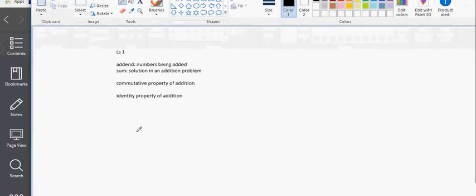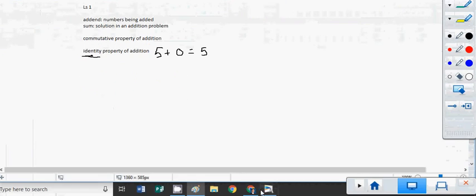So you could write in your notes, instead of all those words, just 5 plus 0, being the big numeral, or the big whole number there, equals the same number. Okay, if you can remember what that means, that's all you need for the identity property of addition.